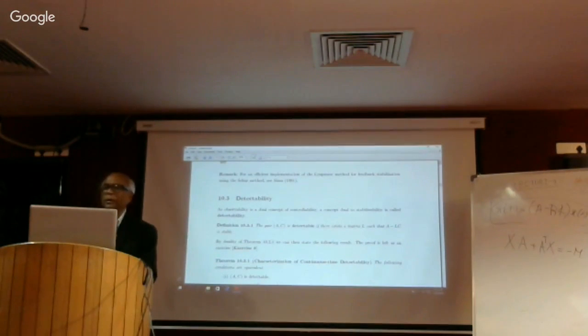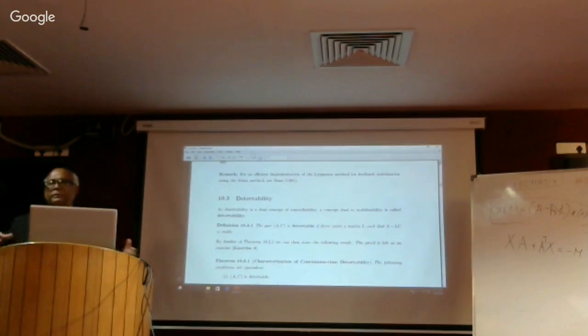Now we just talked about the concept of stabilizability. There is a dual concept of stabilizability called detectability. You know about that, right? Like in stabilizability, we find a matrix K such that A minus BK is stable.